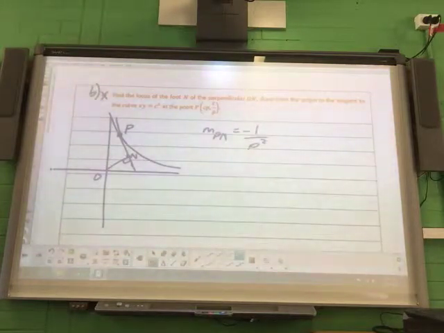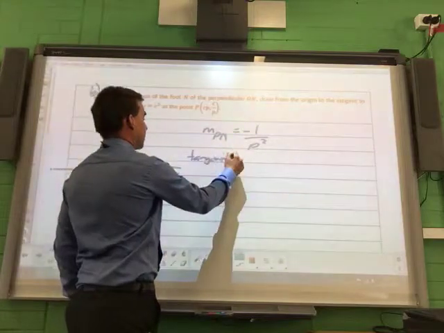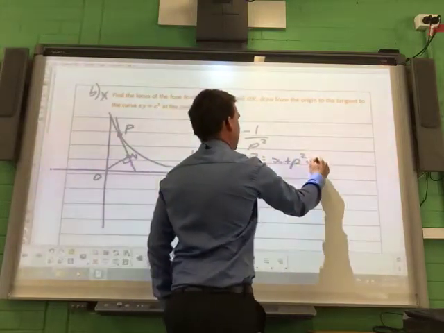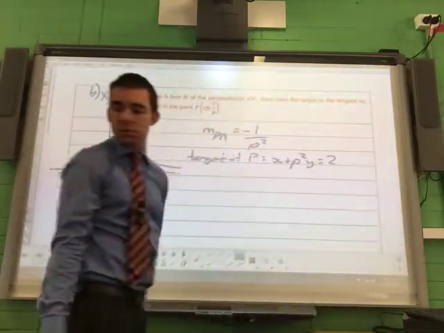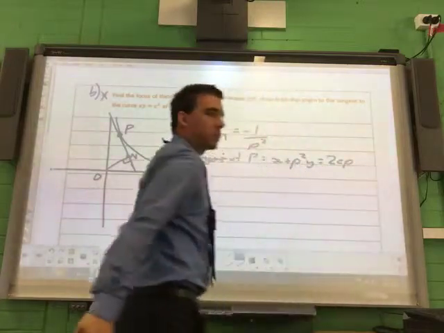Okay, you will need that later on. Alright, and the tangent: x plus p squared y is 2cp. Okay, so we're calling that formula.